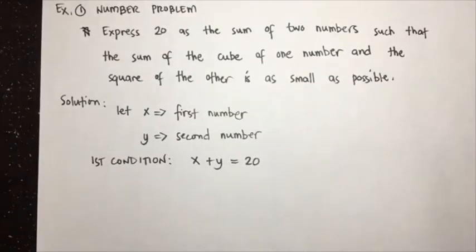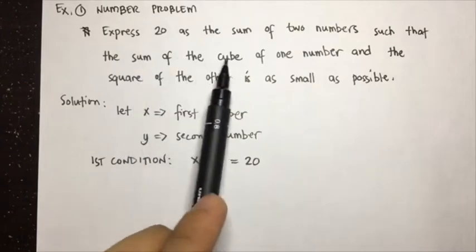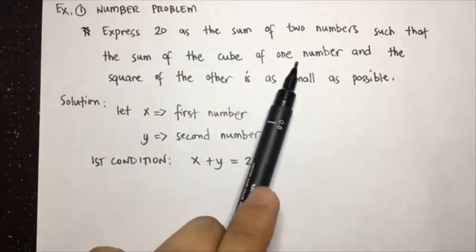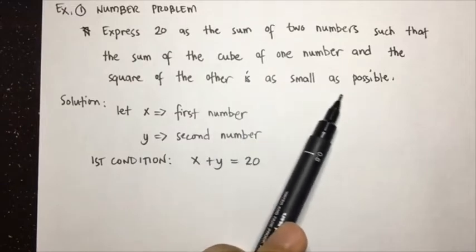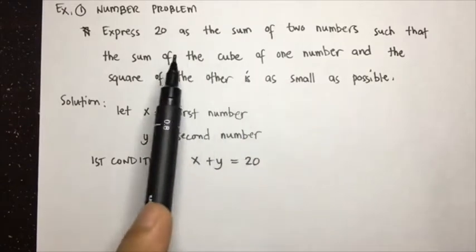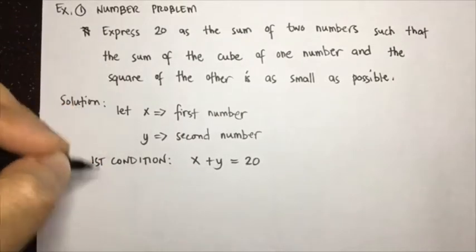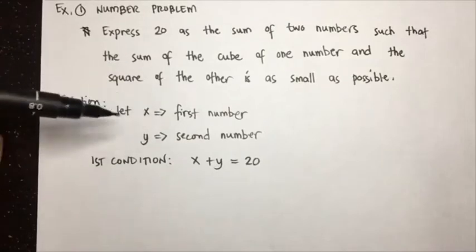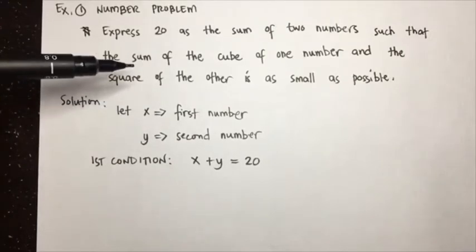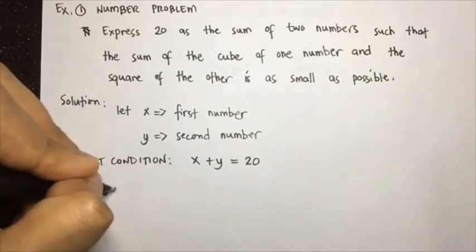Next, our second condition says that the sum of the cube of one number and the square of the other is as small as possible. So we need to minimize the sum of the cube of one number and the square of the other.